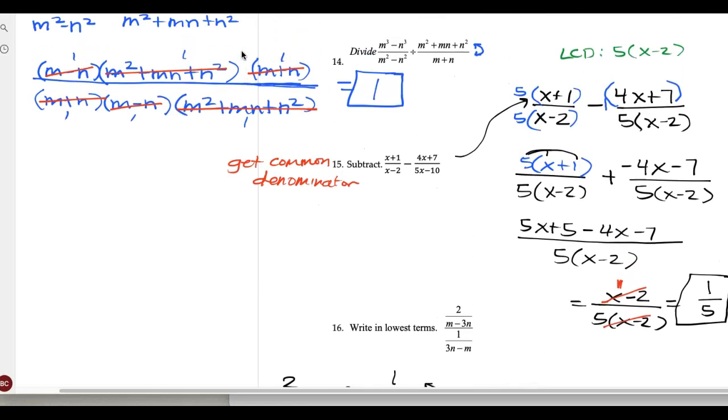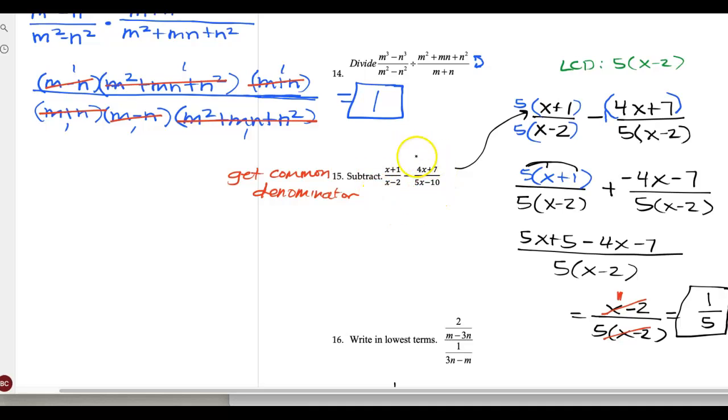On something like this, this isn't an equation, so we have to have a common denominator in order to combine those together. Do you see on this one, we had to multiply the top and bottom by 5 to get that common denominator? We weren't multiplying each part by the LCD.